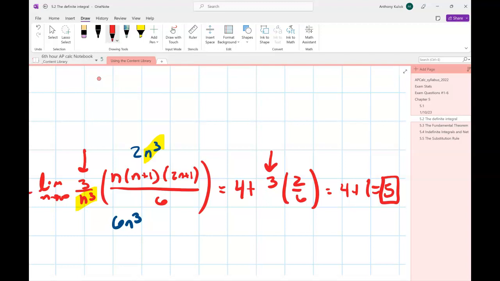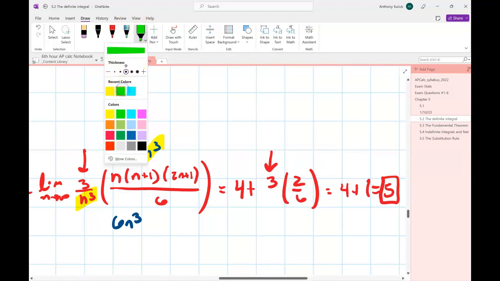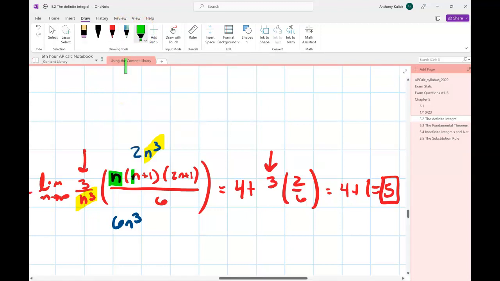Sophia, can you briefly recap how you got the 2 and 2? So if I want the leading term, I'm just going to multiply the leading term of each of those. 3n times 2n is 2n cubed.